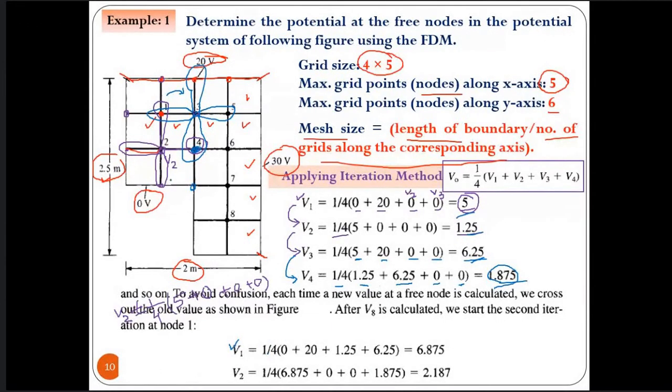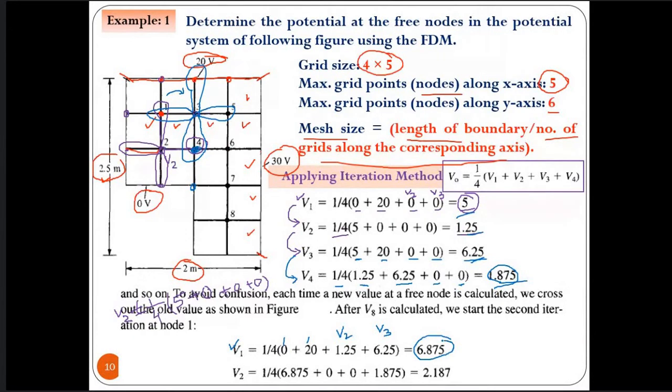V1 depends on this fixed node, which is 0, and this fixed node, which is 20. Next, V1 depends on V2 and V3. In the first iteration step, V2 is already calculated as 1.25 and V3 as 6.25. So you have to consider these also.